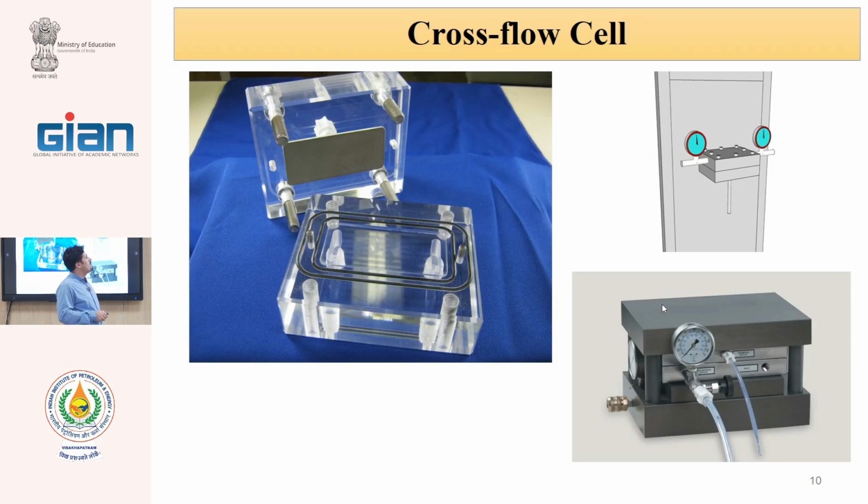One feed comes and divides into two streams, one concentrate and one permeate, and we measure the entrance pressure and exit pressure and give the average for reporting our applied pressure.